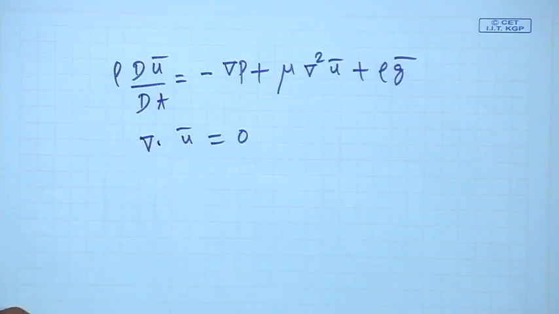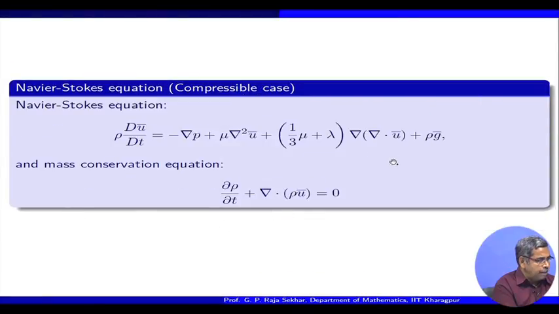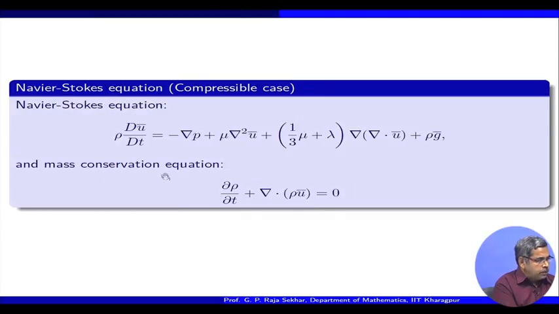This is the typical incompressible Navier-Stokes equation. For the compressible case, this term is there; for incompressible, this is 0, as I just wrote. These are just to give you some idea about various limiting cases. That is not a big deal.